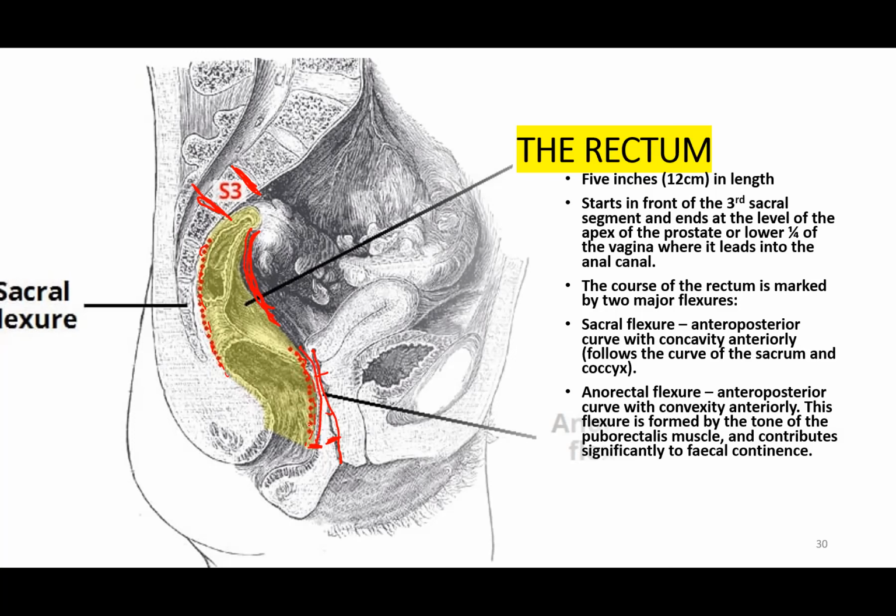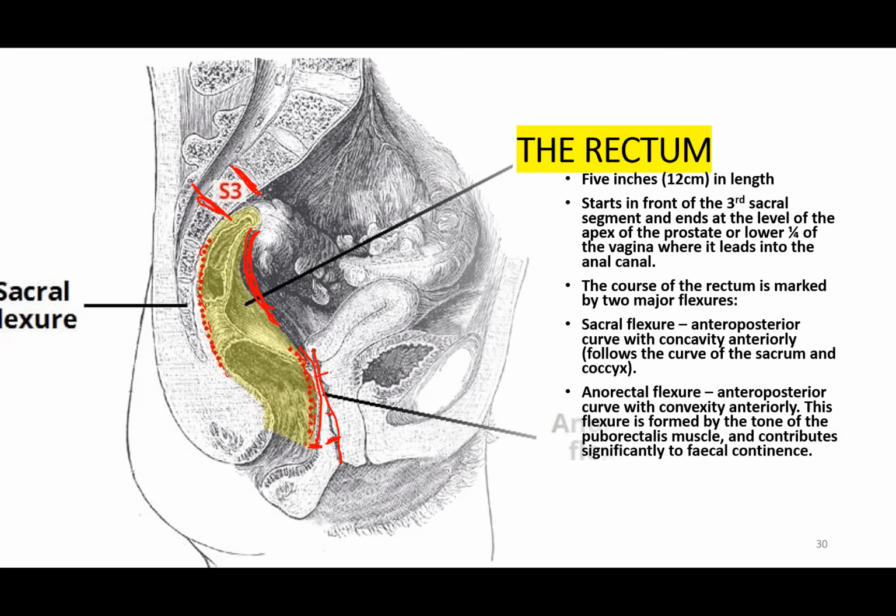Sacral flexure: an anterior-posterior curve with concavity anteriorly. It follows the curve of the sacrum and the coccyx. The anorectal flexure: an anterior-posterior curve with convexity anteriorly. This flexure is formed by the tone of the puborectalis muscle, and it contributes significantly toward fecal continence.